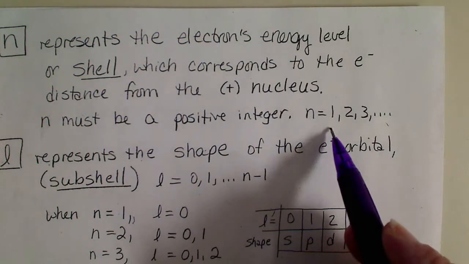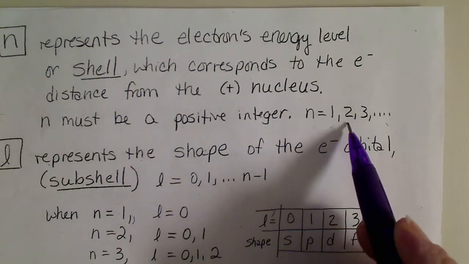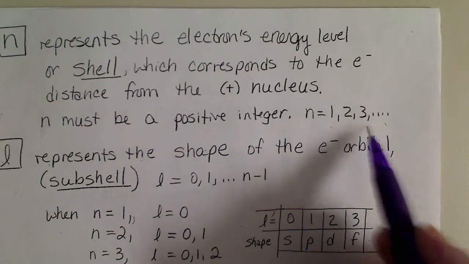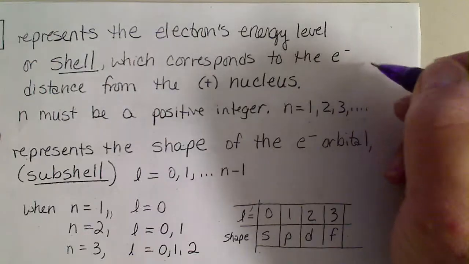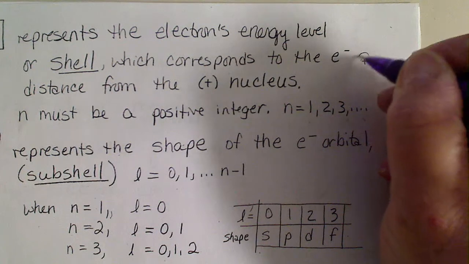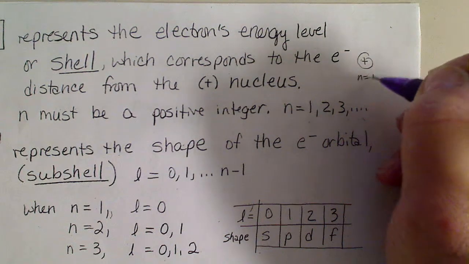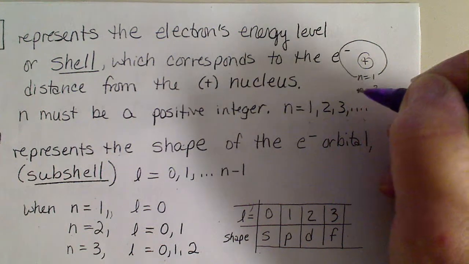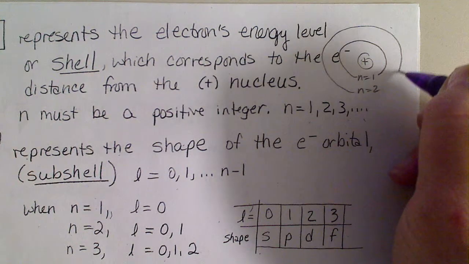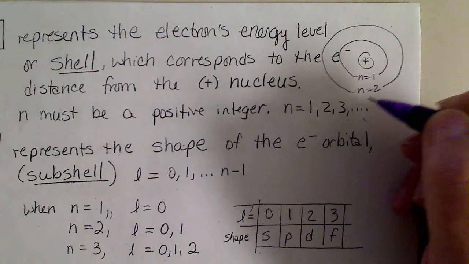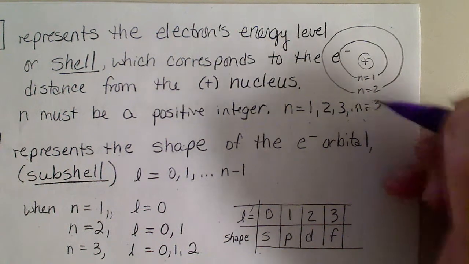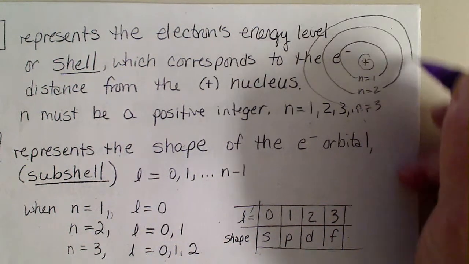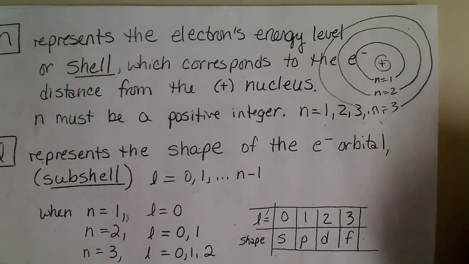N always starts with 1, and the values are positive integers. That was the same N if we drew the hydrogen atom: the circles around the nucleus that we use to calculate the energy difference if an electron is excited to a higher energy level or falls to a lower energy level.